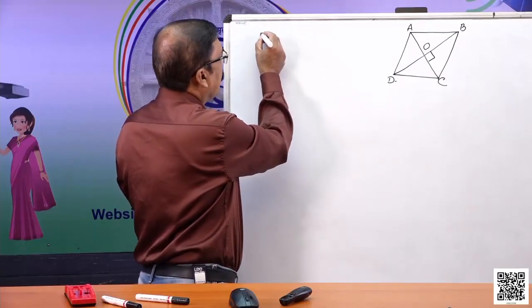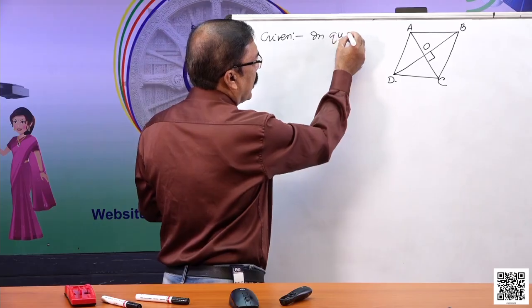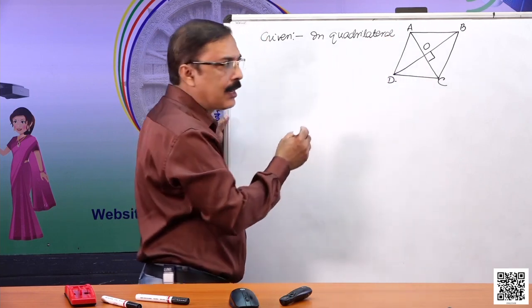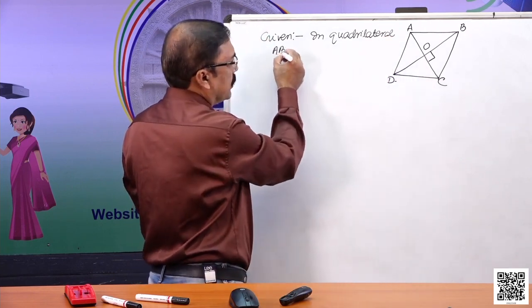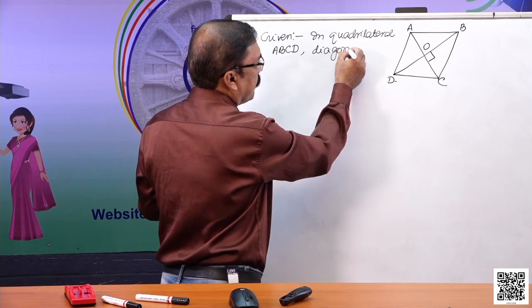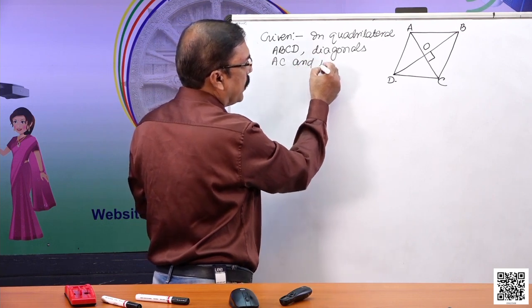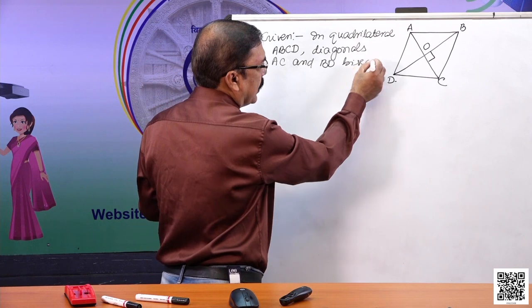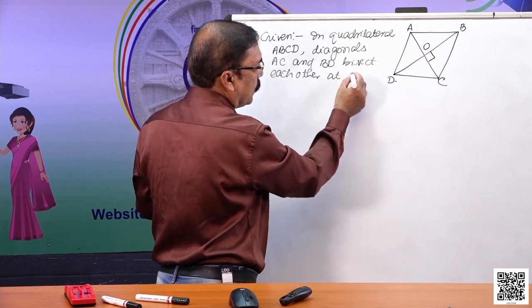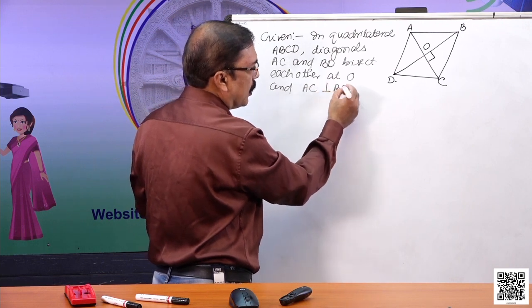So, given in quadrilateral ABCD, diagonals AC and BD bisect each other at O and AC is perpendicular to BD.